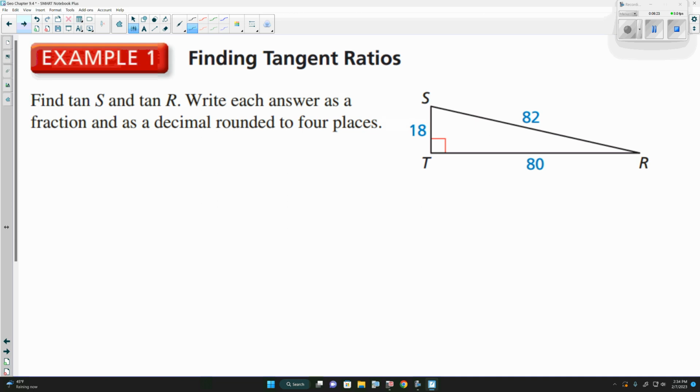If we said tangent of S, again, tangent is opposite over adjacent. The opposite side to angle S is 80. The adjacent side is 18. So tangent of S would be 80 over 18.